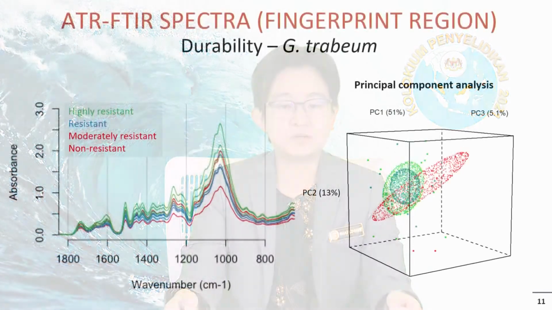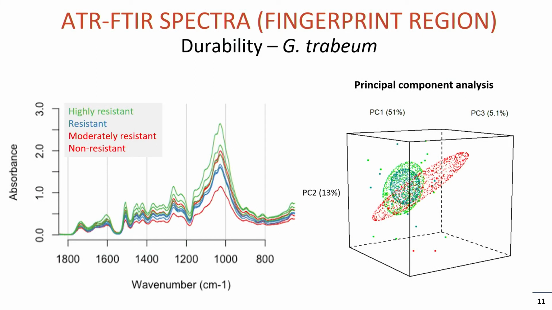And when we ran the principal component analysis, we were able to achieve almost 70% of our data that can be differentiated based on this durability classification. This is much lower than the one that we obtained earlier in the carvacrol test. However, it shows a promising result where we can still differentiate between the highly resistant and resistant samples.